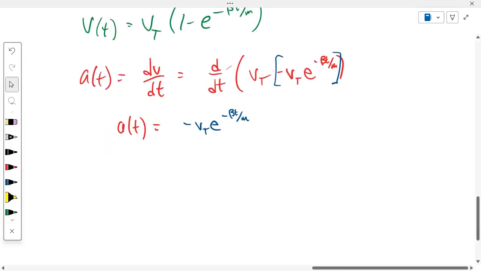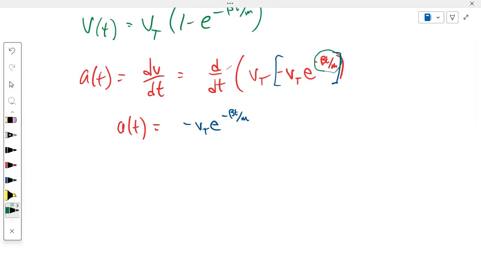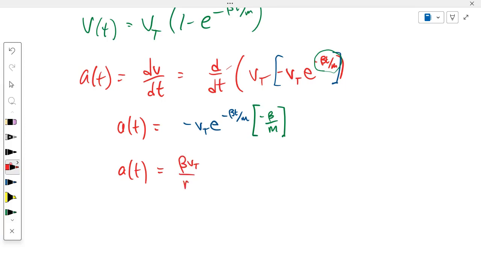And then we have to chain rule, perhaps? Differentiate that part with respect to time, which gives us a negative beta over m. So that's, well, positive beta vt over m e to the negative beta t over m.